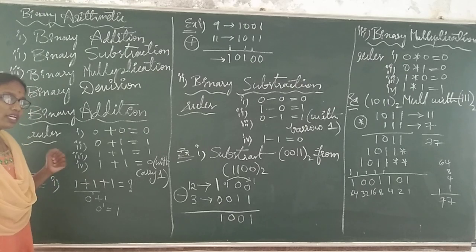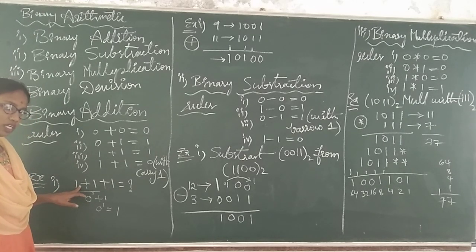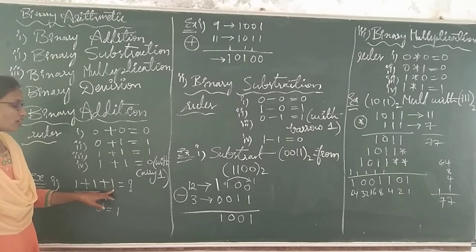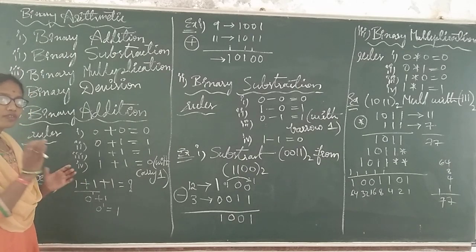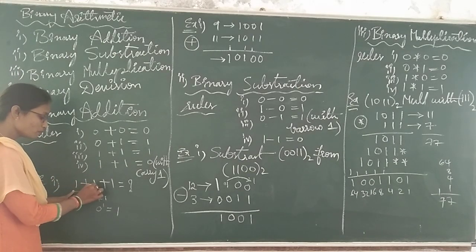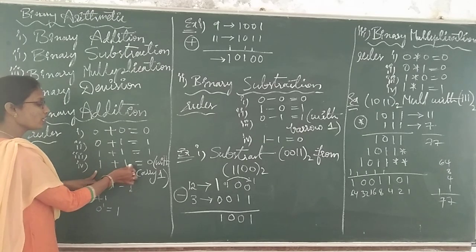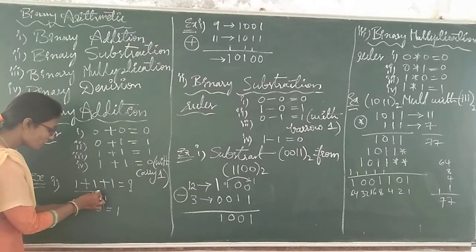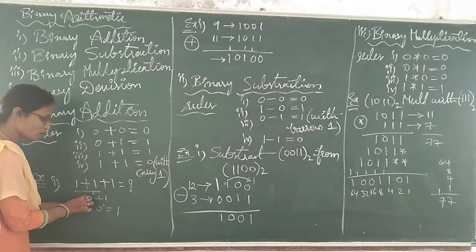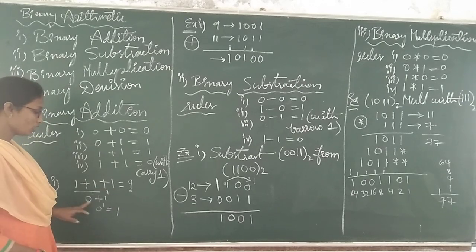And here we have one example now to know clearly what binary addition is. The question is 1 plus 1 plus 1, which is equal to how much? First we calculate 1 plus 1. In 1 plus 1, the rule is 1 plus 1 equal to 0 with carry 1. Here 1 plus 1 equal to 0, then the carry is 1. Clear?